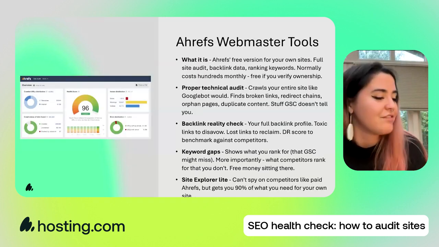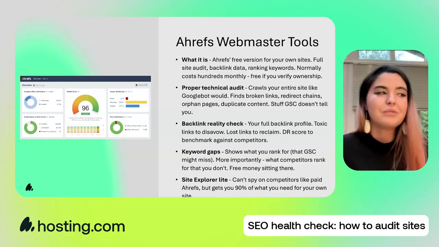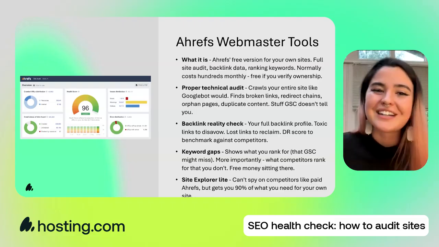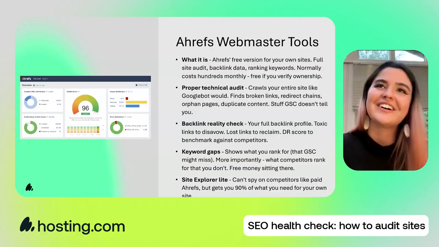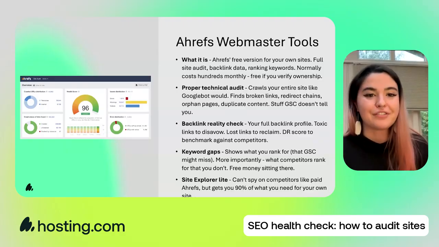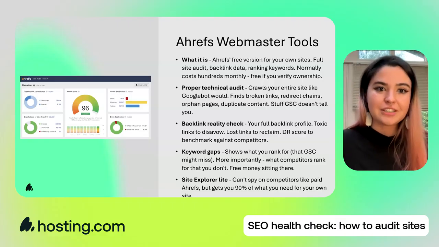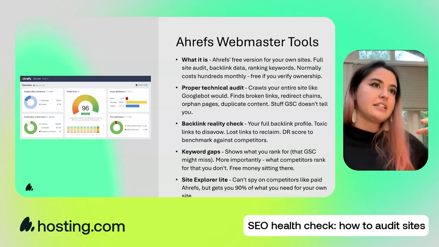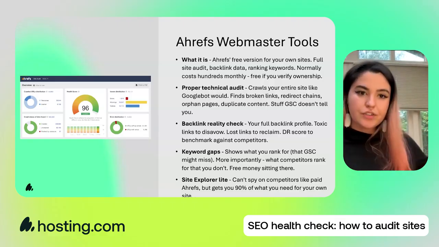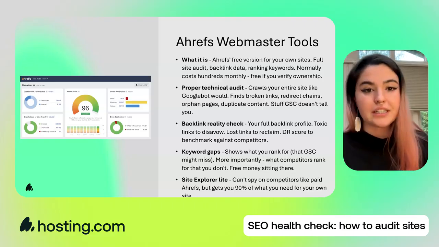So if you've been to any of my chats or chatted with me, I talk about Ahrefs a lot. It's been the love of my SEO life and a platform I've used throughout my whole career. So I highly rate it. And I love the webmaster tools that we have, which comes from crawling your entire site. So you'll put in your site and Ahrefs will send its crawlers through and go through everything and identify different errors, warnings, and notices.